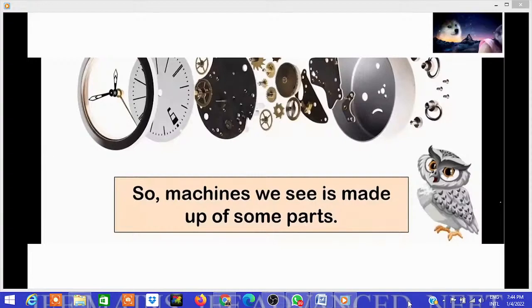And this cover is rubber, and this is a metal piece, right? Cameras and so many parts will be there. So we have so many machines around us, and all are made up of so many parts, right?